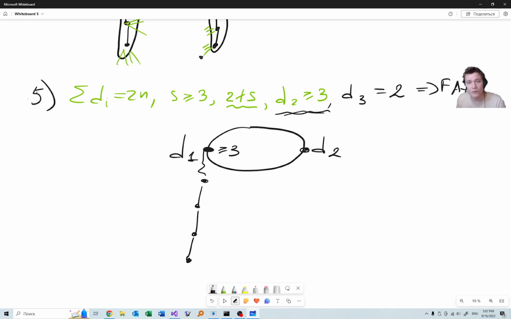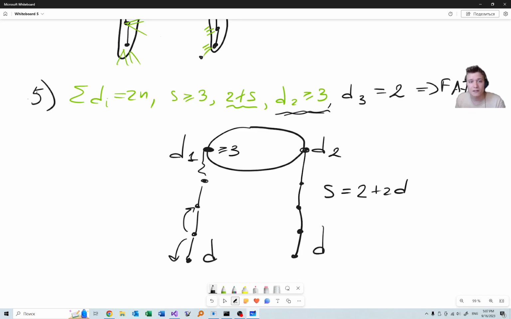There is no way of branching because they are only of degree 2. They can only have one parent and one child. And same goes here. So if depths are equal, like this is of depth d and this is also of depth d, then we can calculate s, which is equal to 2 plus 2d. And this is an even number.